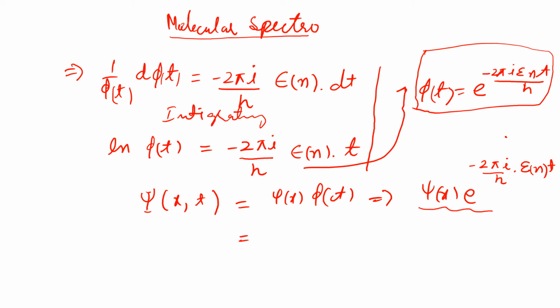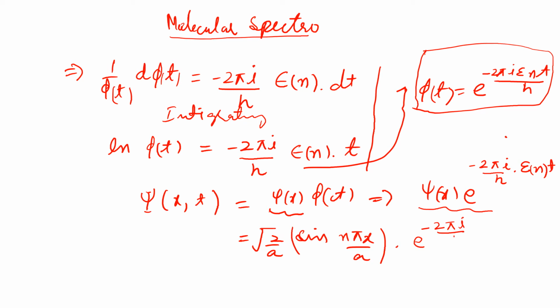For a particle in a box we have a very easy solution. We know psi x is given by under root 2 by a, sine n pi x by a. So we have this type of solution for a particle in a one-dimensional box.